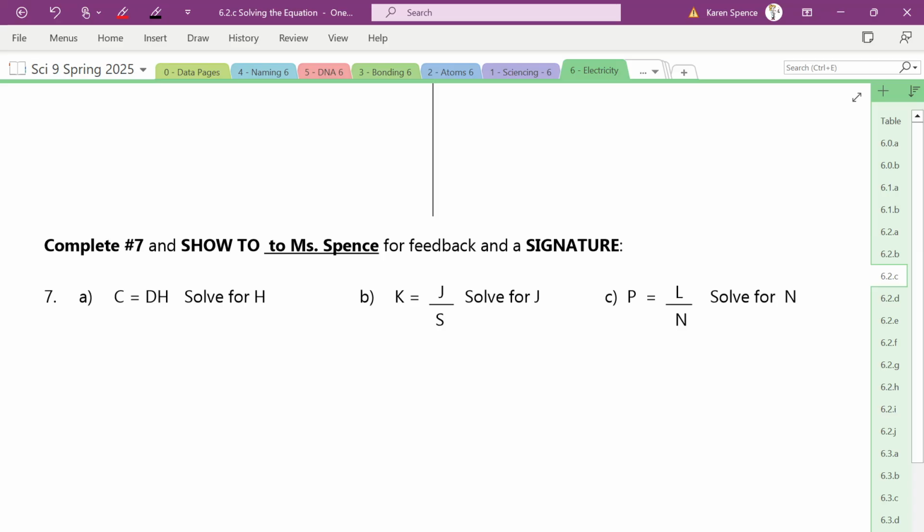Perfect. All right. Finish up and then show me these ones. Okay, so for this one, do you know how to solve for H? What you're going to do is put each of these over one here.